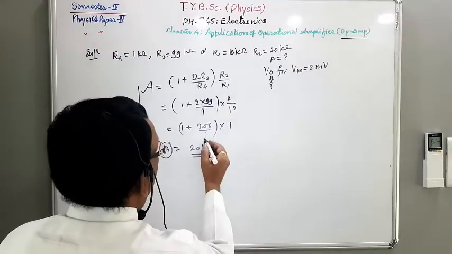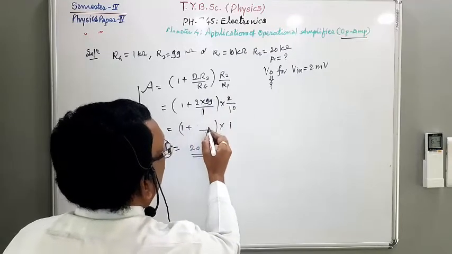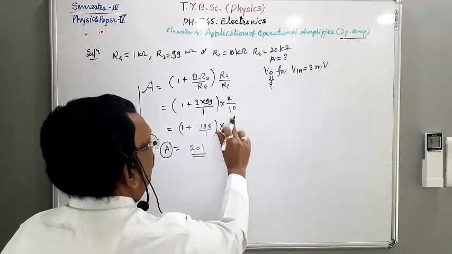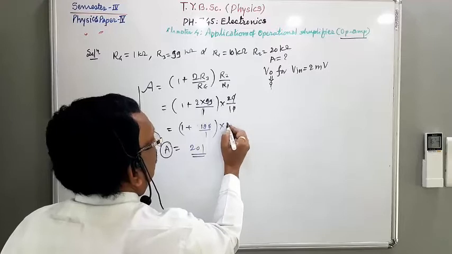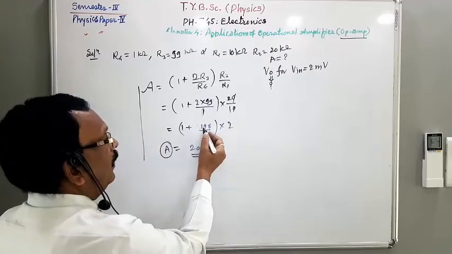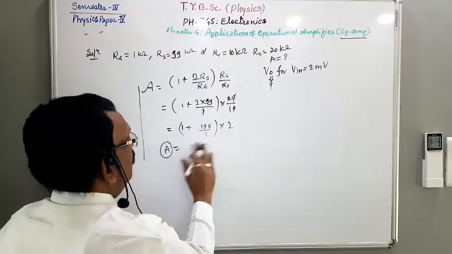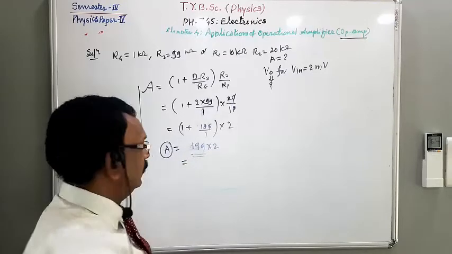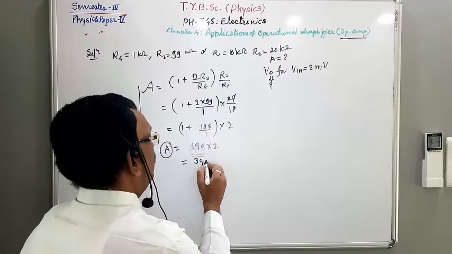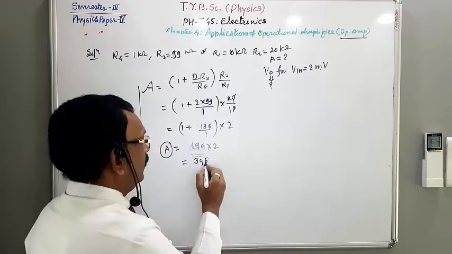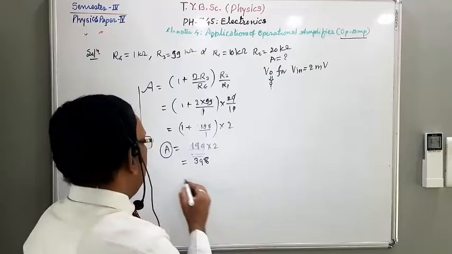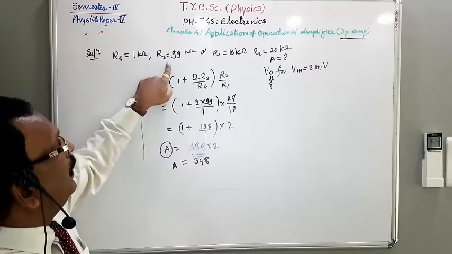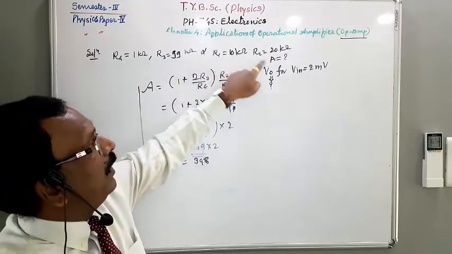Then 99 into 2 is 198, plus 1, that is 199, into 2, so we have 398. 398 is the gain of this amplifier, which has Rg of 1 kilo ohm, R3 equal to 99 kilo ohm, R1 equal to 10 kilo ohm, and R2 equal to 20 kilo ohm.